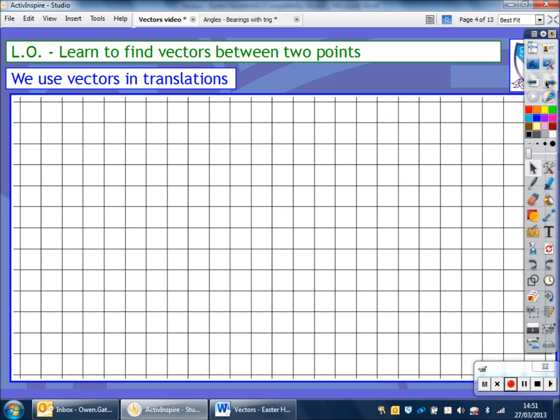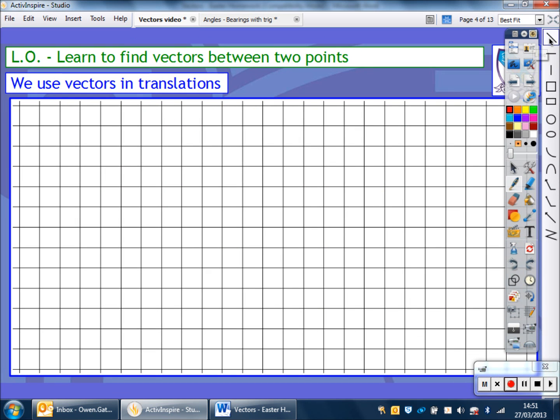Now if I go back to a grid and I draw some vector on that grid, so let's draw a vector that looks like that, okay. And let's say that that goes in between the 2 points A and B. So when I'm marking down points on a diagram, I use capital letters.